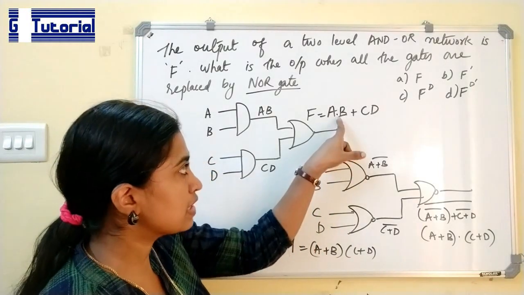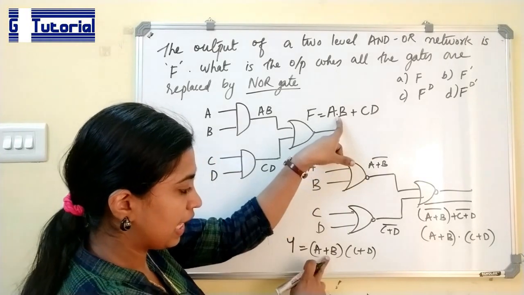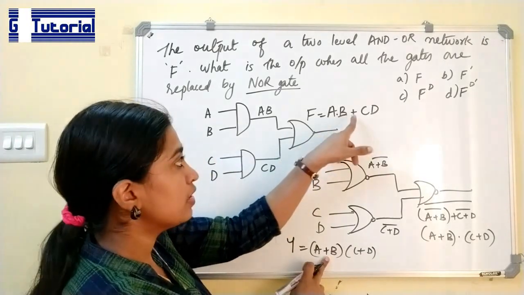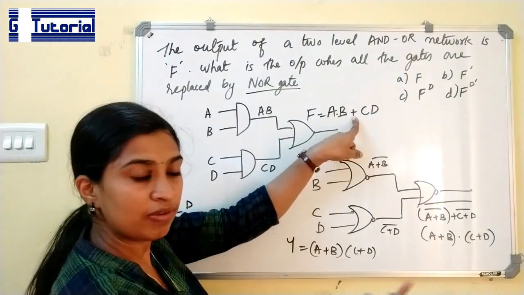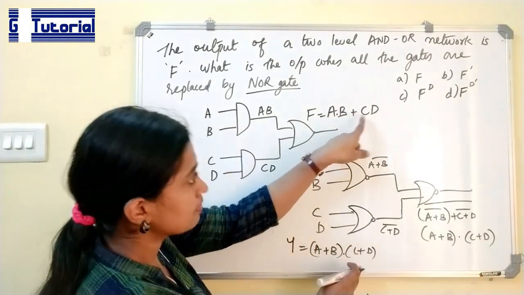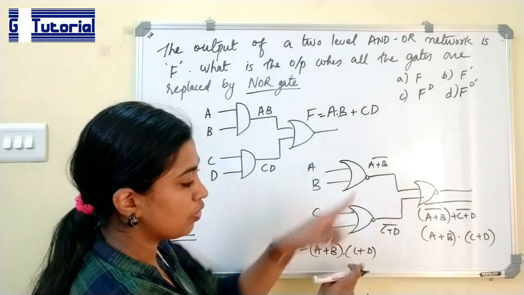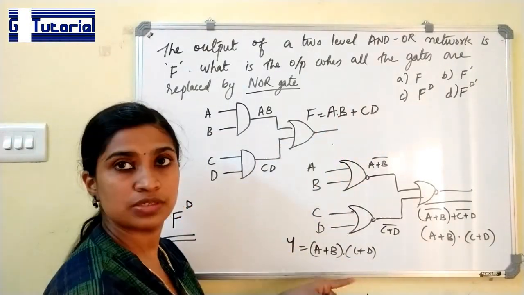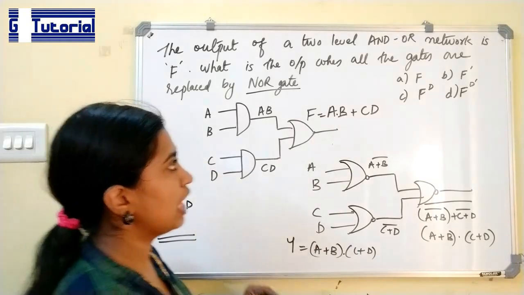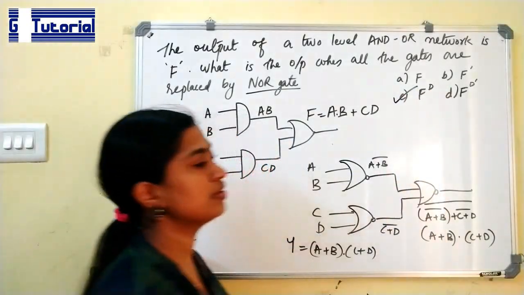So if you replace this AND operation, we will get OR. Replacing this OR operation by AND, we will get dot. So this is the dual of this. Okay. So the answer is F dual.